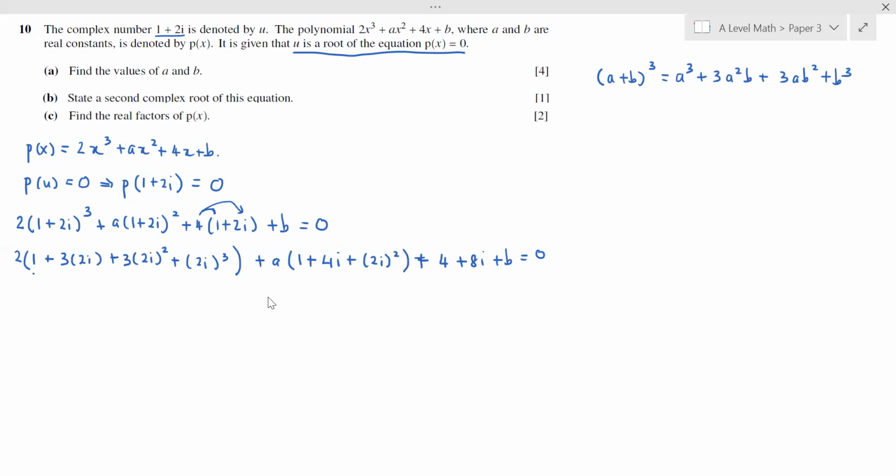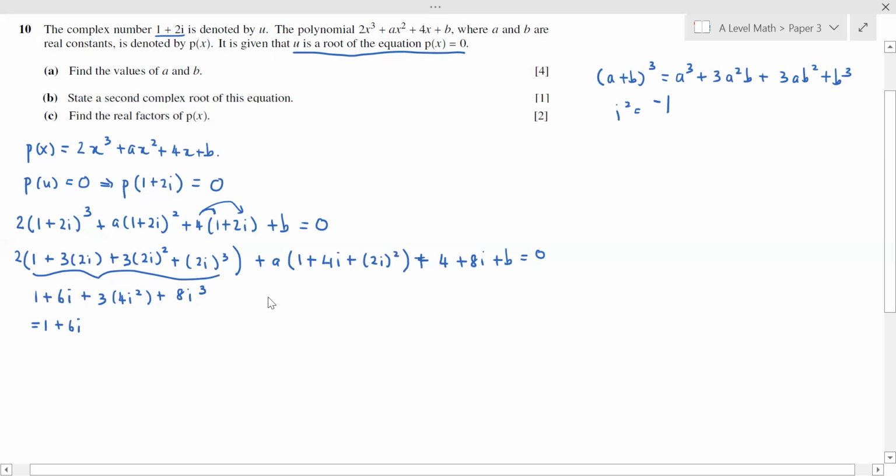So let's look at this part here. For this part, we have 1 plus 6i plus 3 times 4i squared plus 8i cubed. So that will give us 1 plus 6i. i squared is negative 1.